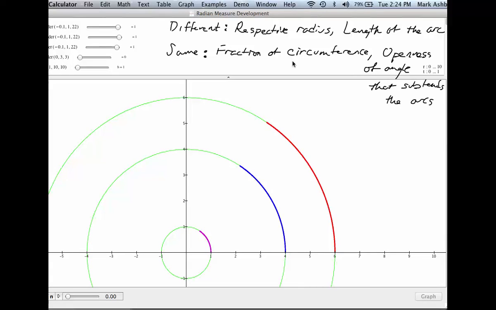So let's define the angle first of all. One side of the angle, do you see, is the positive x-axis? So I'm highlighting that there. Okay, that's called the initial side of the angle.